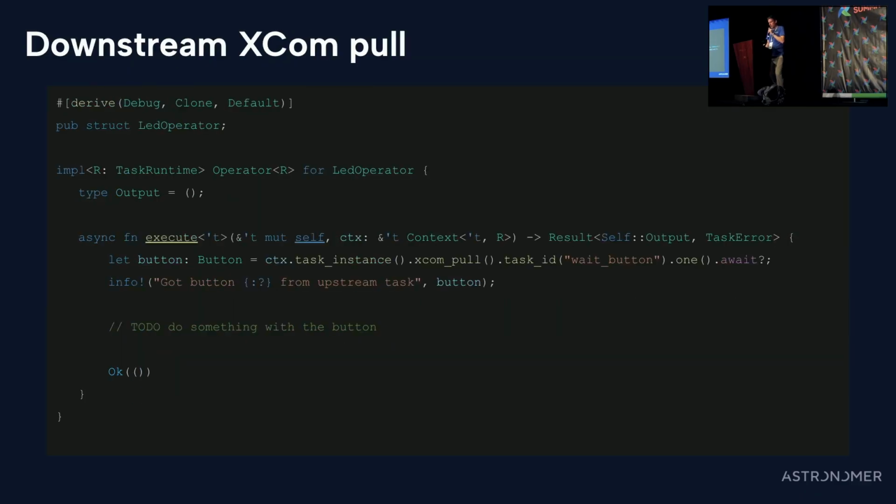And in the same way, when we have a downstream task, that task pulls XCom. This is very close to how you would do it in Python, just a bit more rusty. You have your task instance, and you call XCom pull. And what exactly we do with that button, I kind of hid here just for the sake of space, but later maybe we can see it in action.